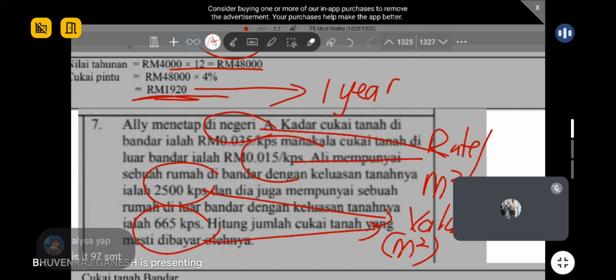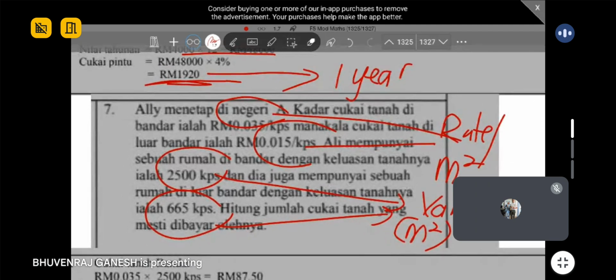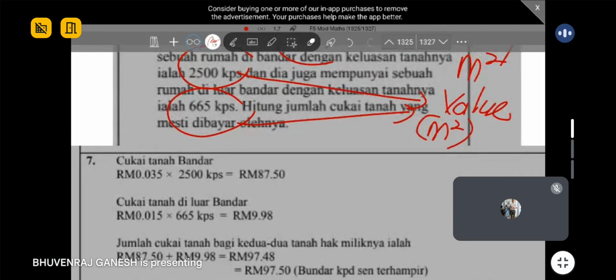Just share whatever value. Very good. Okay, the answer is correct, it's 97 point something. Very good, so another point for the girls team. The answer you will get is 97.48.